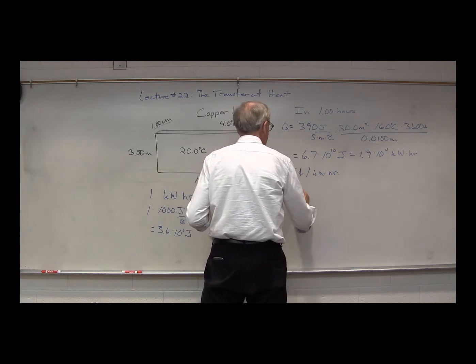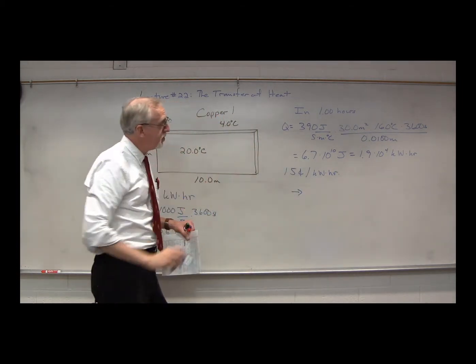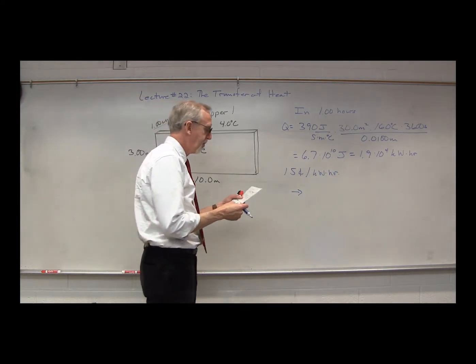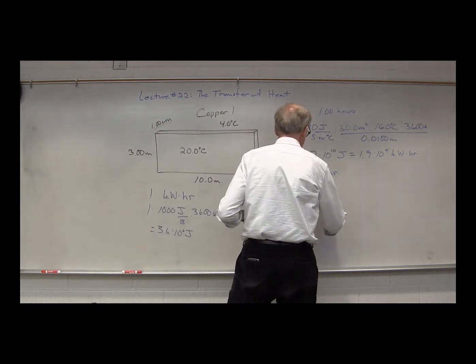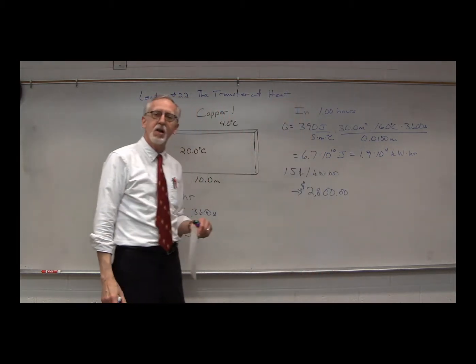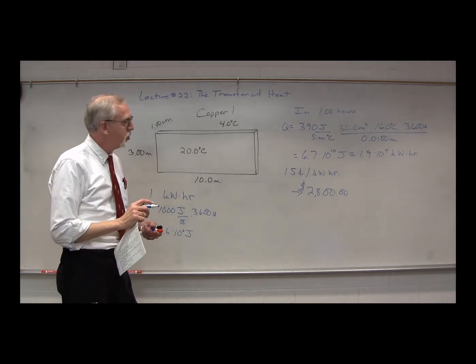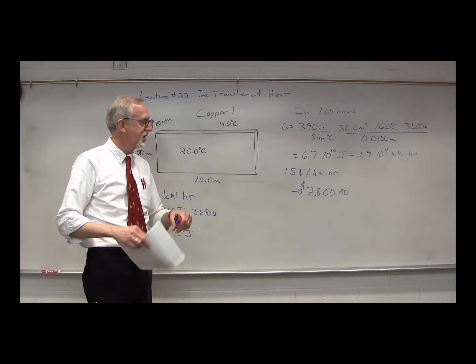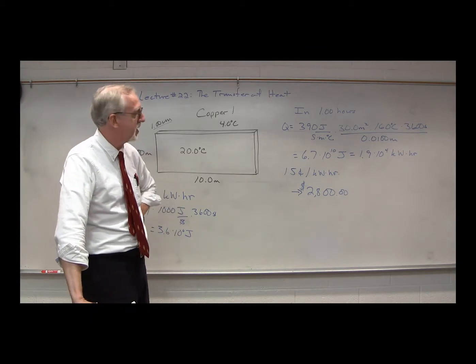Which means that your 1.9 times 10 to the 4th kilowatt hours would cost about $2,800 an hour. So you would have a heating bill in the winter of $2,800, or almost $3,000 an hour.